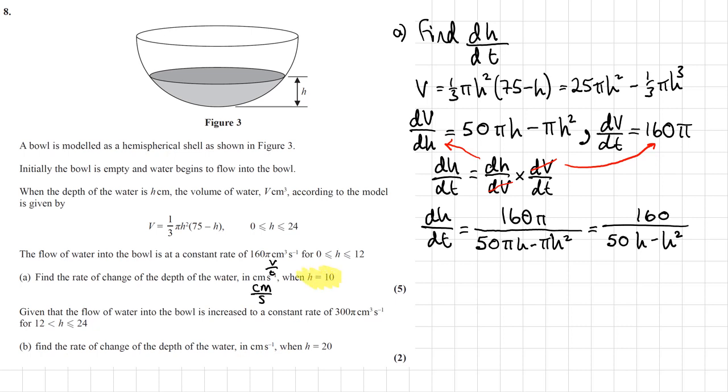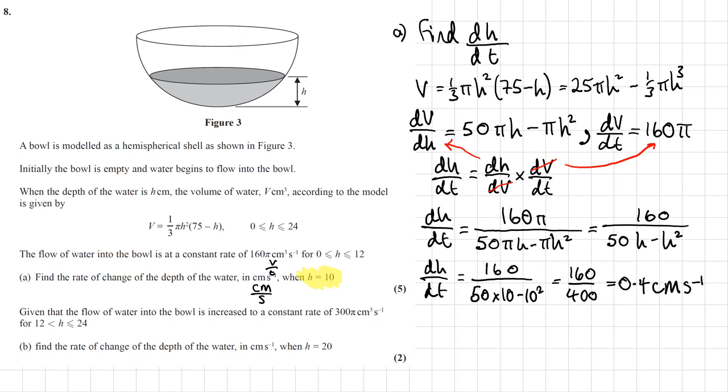So dh/dt is equal to 160 over 50 times 10 minus 10 squared. That's 160 over 400, and that is 0.4, and I'll stick the units on the end: centimetres per second.